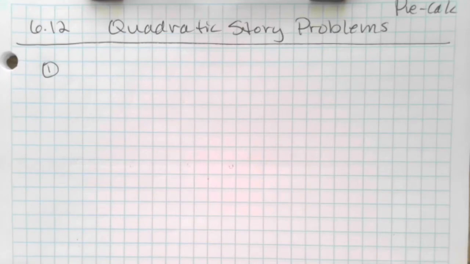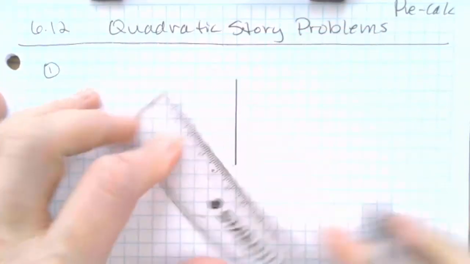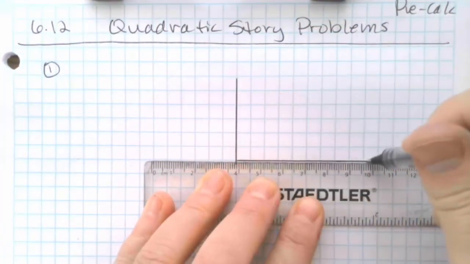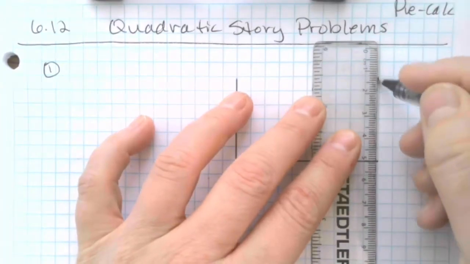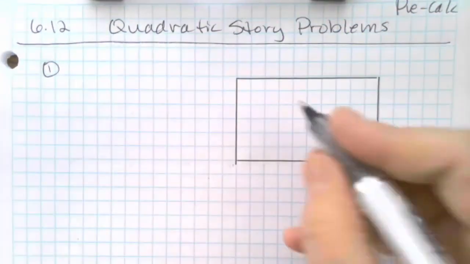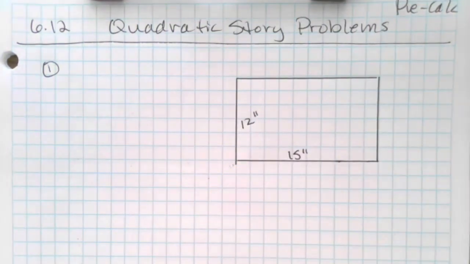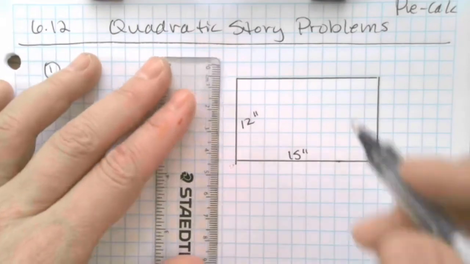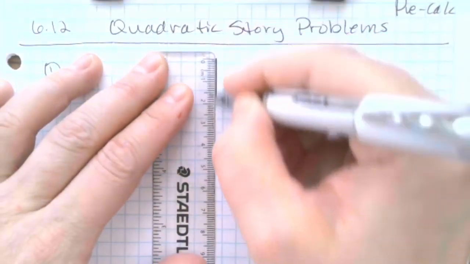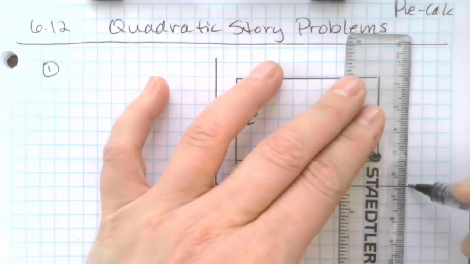Okay, we are constructing a frame for a photo, which is 12 inches by 17 inches. So we're going to start by drawing this. So 12 by 17 usually means a little bit wider than it is tall. So this is 15 inches, this is 12 inches. And we're going to make a frame around it that is the same width all the way around. So I'm drawing a frame.